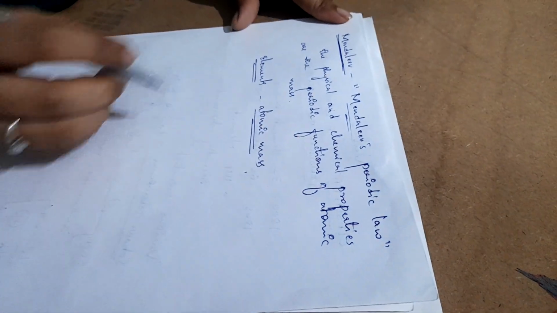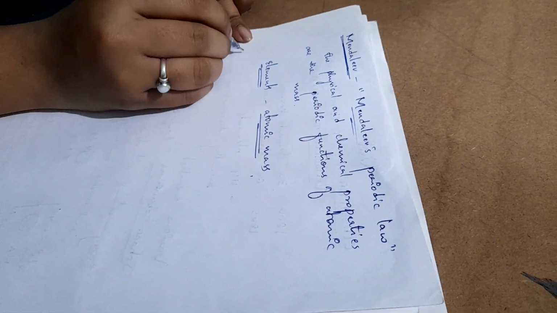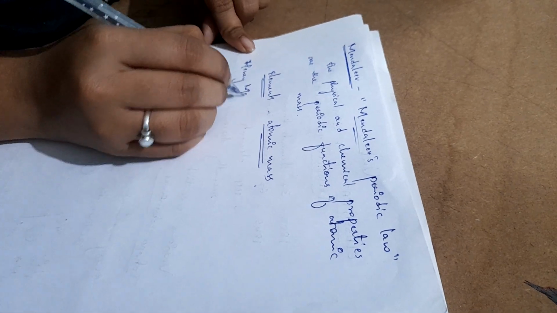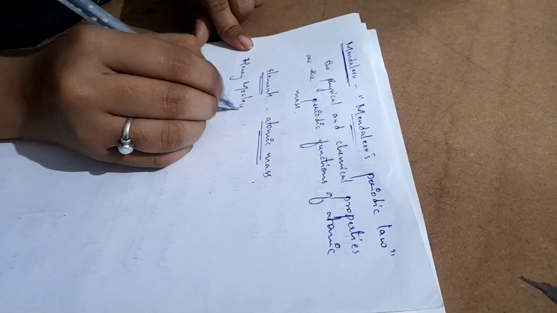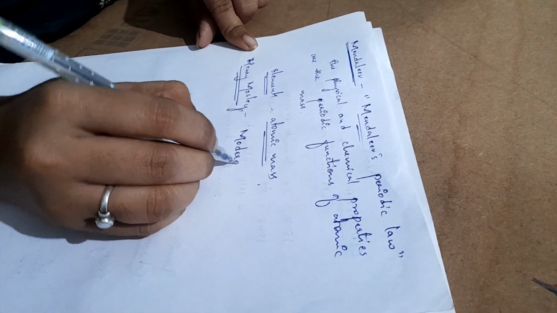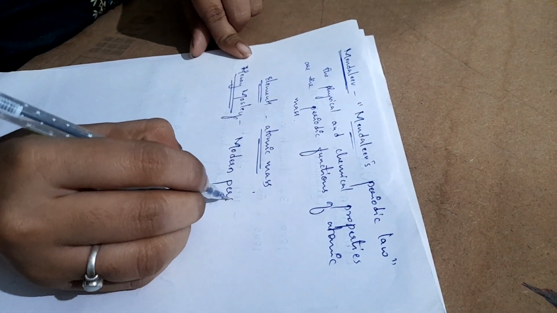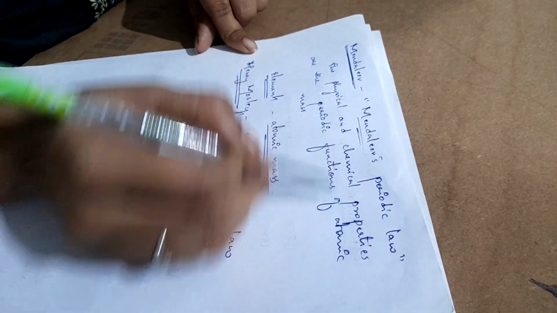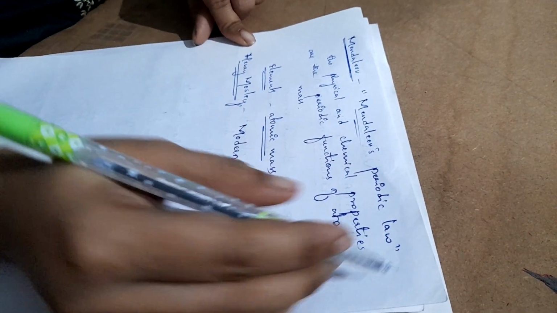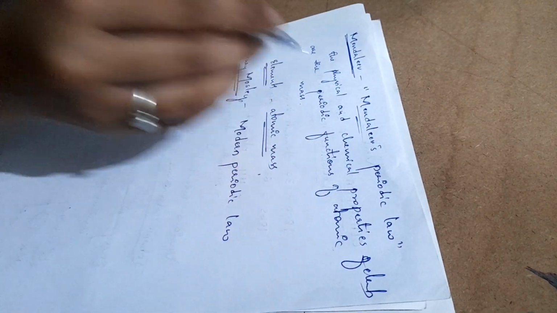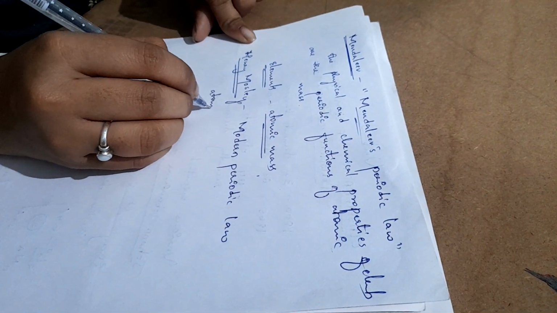Next, after Mendeleev, comes Henry Moseley, who discovered the modern periodic table. He gave a law called the modern periodic law, which states that the physical and chemical properties of elements are the periodic functions of their atomic number.